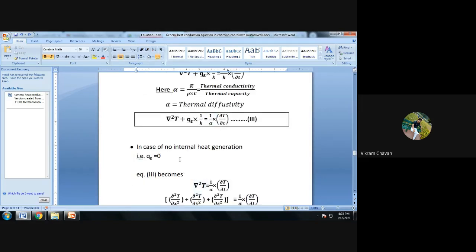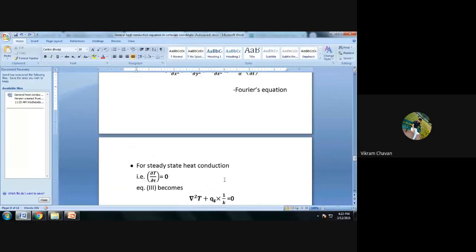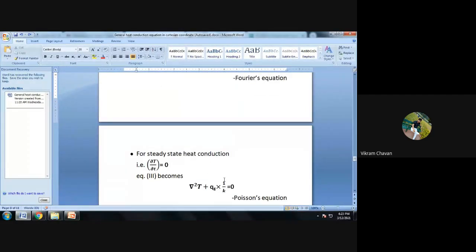Further, we have the next forms of the general heat conduction equation. If there is no internal heat generation, we get Fourier's equation. If there is steady state heat conduction, we get Poisson's equation.